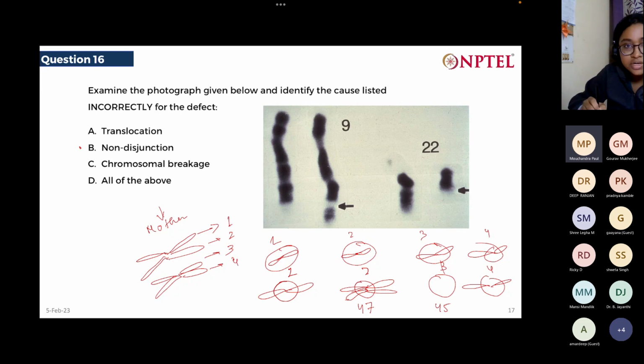So this is a classic example where translocation happens between chromosome number 9 and chromosome number 22. It leads to the formation of the Philadelphia chromosome. You must have heard this term in the lecture. The Philadelphia chromosome is associated with a type of leukemia.